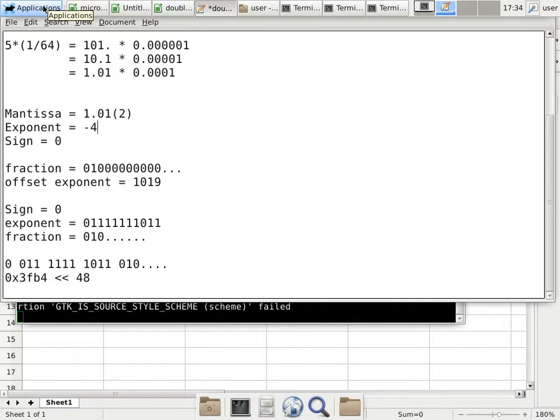And most of the time, you want to normalize the mantissa, like what we just did here. So in base 10, for instance, instead of specifying 123.45 times 10 to the power of -6, you usually want to normalize, and so it becomes 1.23 blah blah blah times 10 to the power of, in this case, -8, because I have to compensate for the shifting of the point. Is that making any sense?